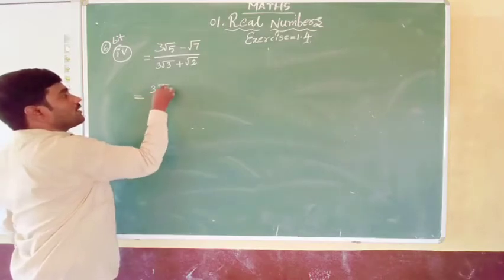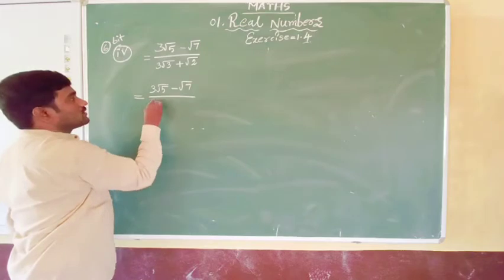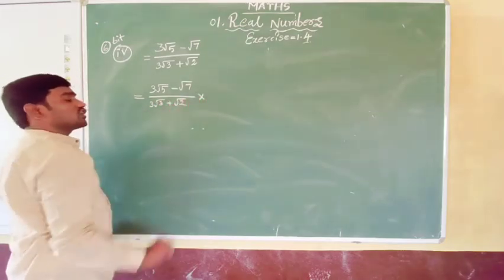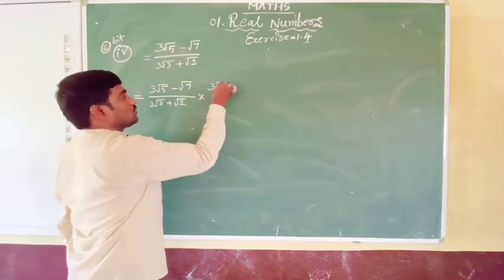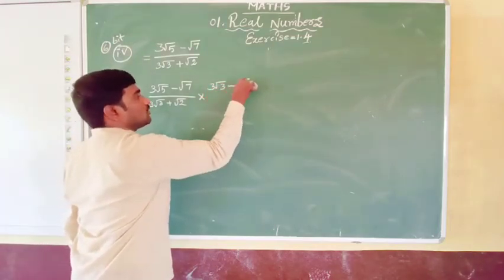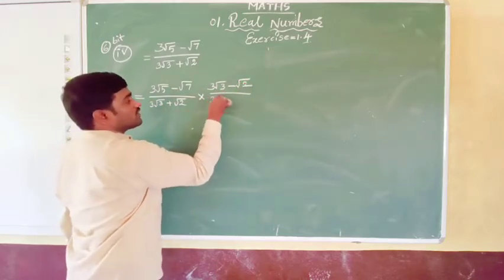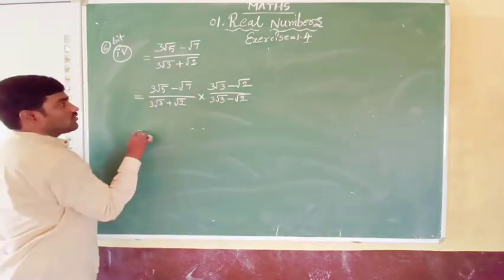The rationalizing factor of 3√3 + √2 is 3√3 − √2. Only in the place of plus we get minus, and we need to multiply it to the numerator as well as the denominator. Okay, let us go.